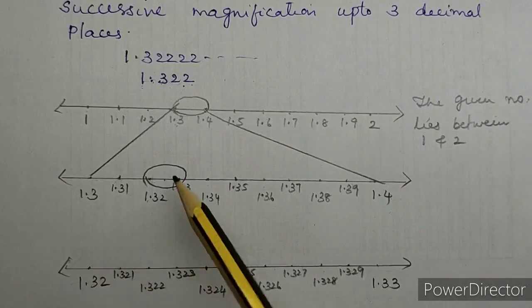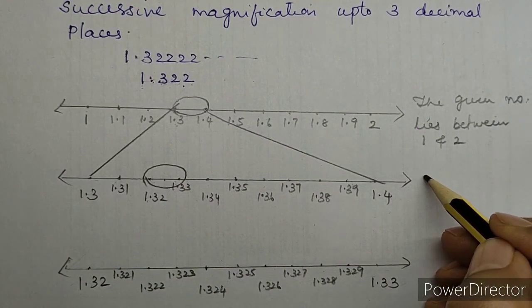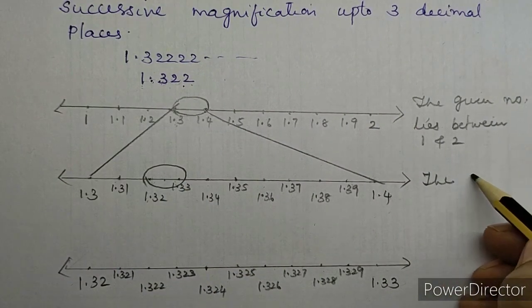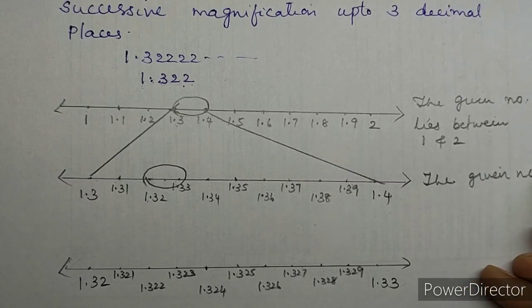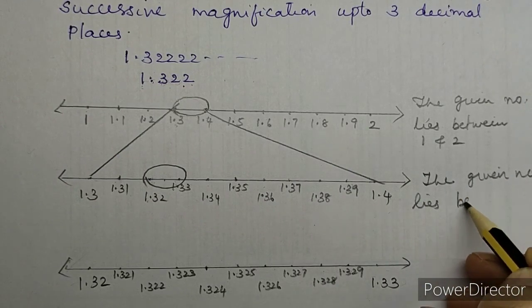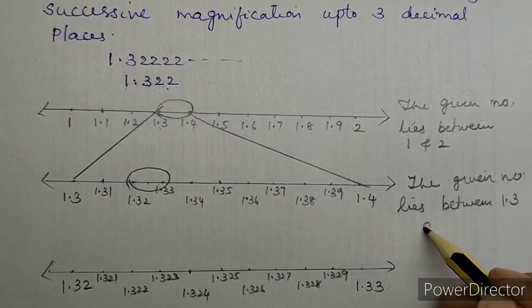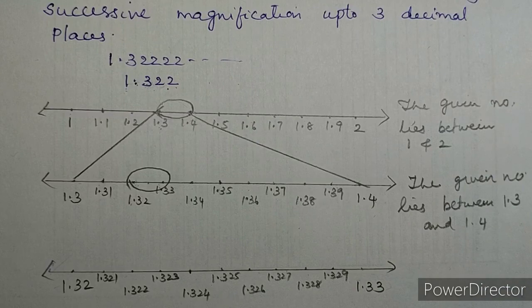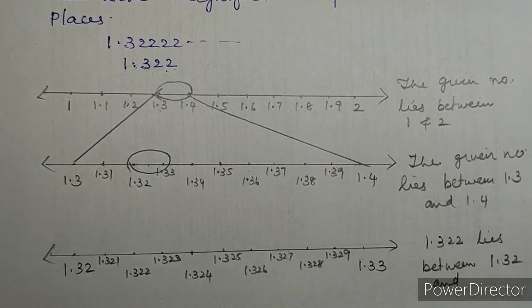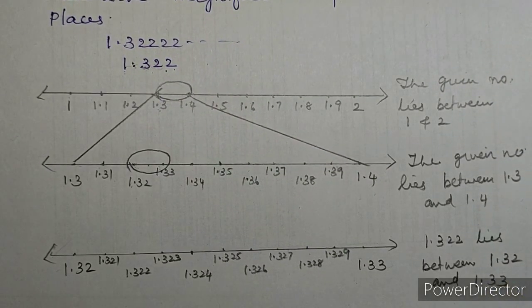You can draw these lines also. Here you have to write the given point: the number lies between 1.3 and 1.4. And on the last number line you have to denote that 1.322 lies between 1.32 and 1.33.